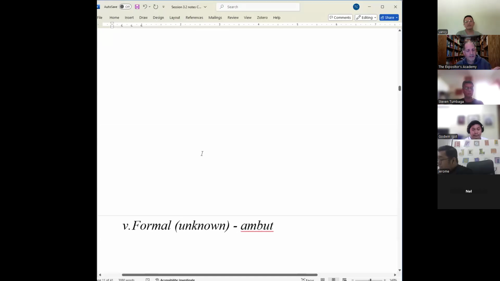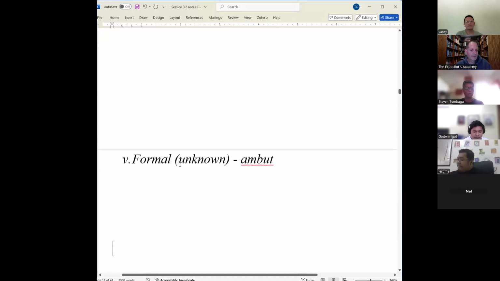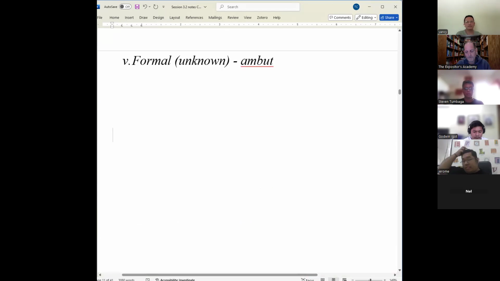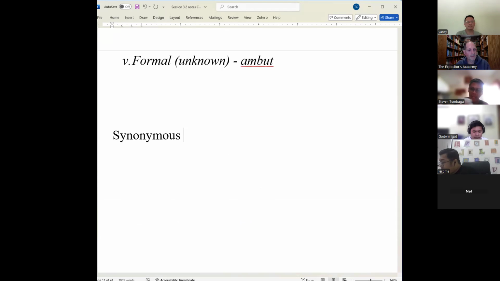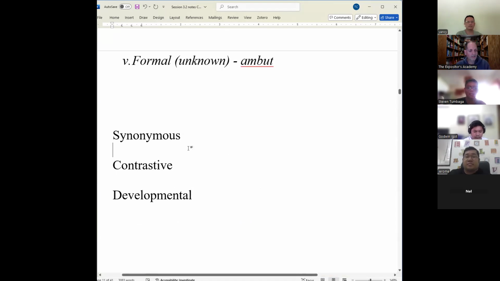So we really have the three types, the three categories of parallelism: synonymous, contrastive, developmental. And then we talked about a special case of synonymous and contrastive, which would be chiasm.